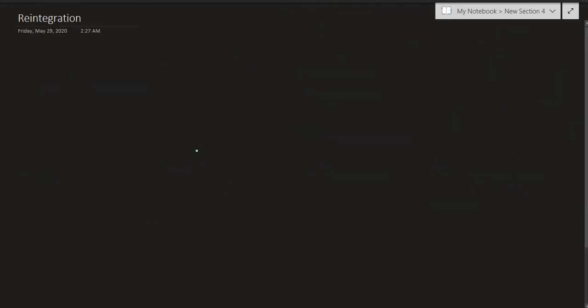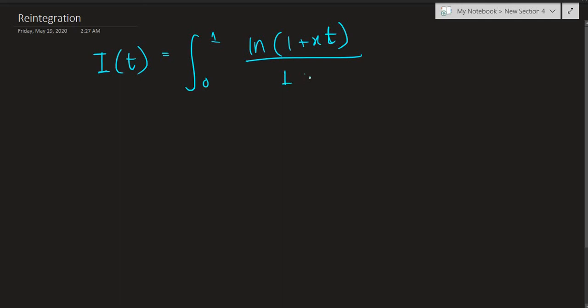So for finding respective upper and lower bounds for reintegration with respect to t, let's first look at our I of t. So our I of t was the integral from 0 to 1 of the natural log of 1 plus x times the parameter t divided by 1 plus x squared dx. So how does that relate to our original problem I?